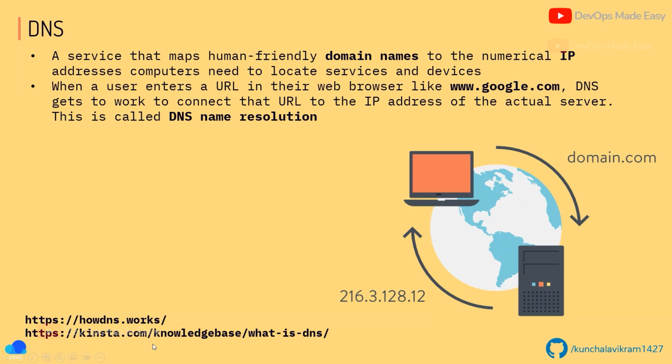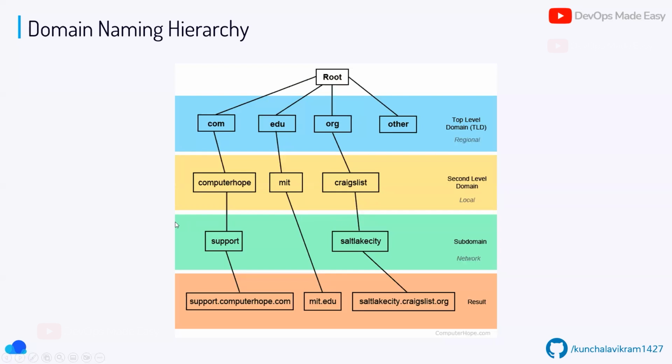If you want to know how the request flows, what will happen if you enter www.google.com, where your browser looks for the IP address mapped to this domain, and what it will do if it doesn't find it in your local cache, where the request gets forwarded, that entire thing is explained in the DNS material. Also, you can see the domain naming hierarchy. We have top level domains, that is .com, .in, .edu.